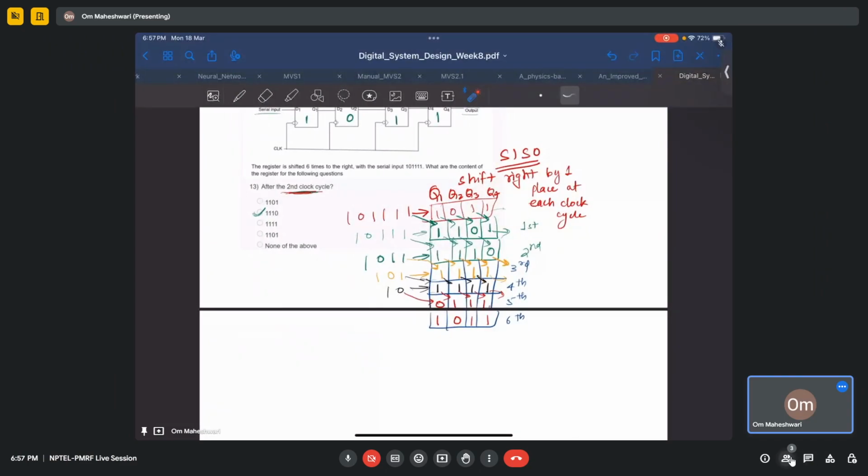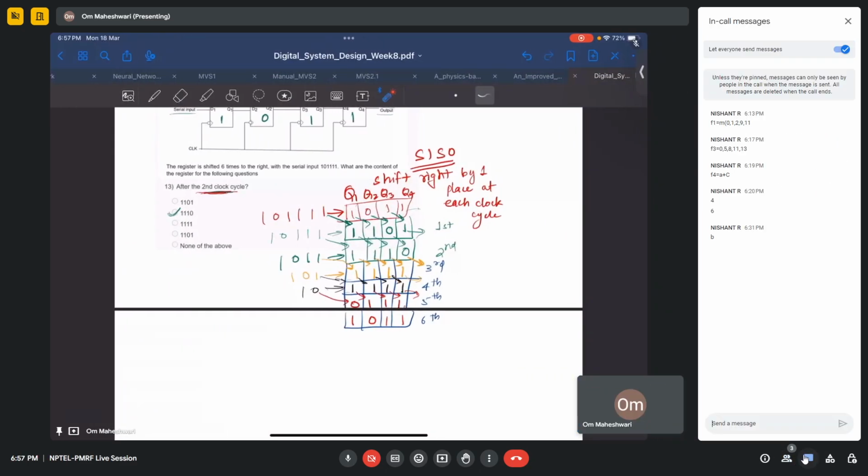Sir, in the assignment this week, there was a question: number of clock cycles required to store and retrieve data from a shift register. I'll copy the question. Number of clocks required to store and retrieve the data from an n-bit shift register, given n-bit input data.